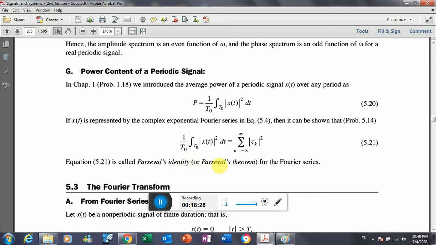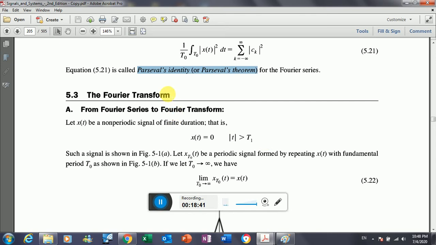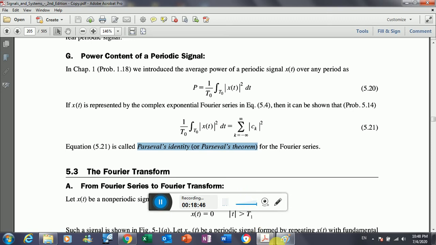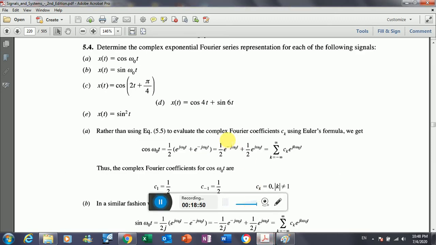This is known as Parseval's theorem or Parseval's identity, right? So this is an important relation as far as Fourier series is concerned. We will study Fourier transform next time. So let's do some examples of Fourier series.